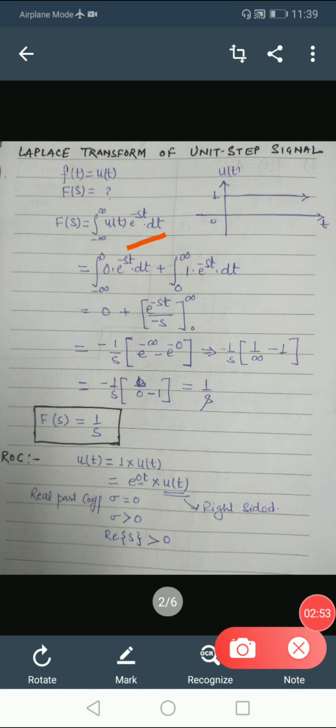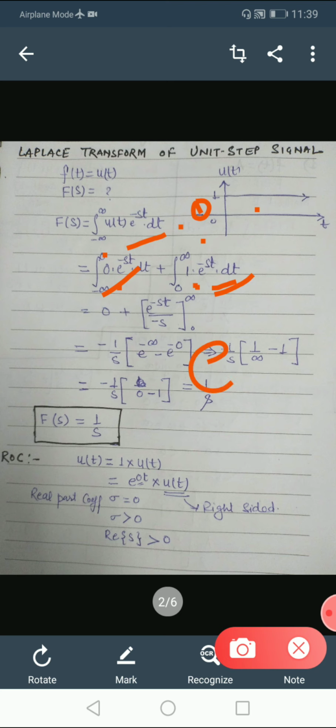Here the bilateral transform converts into unilateral transform by two parts: minus infinity to 0, and 0 to infinity. From minus infinity to 0 the unit step function is 0, therefore this part becomes 0, and on the right side u(t) is 1. So 0 to infinity, 1 into e to the power minus st dt.